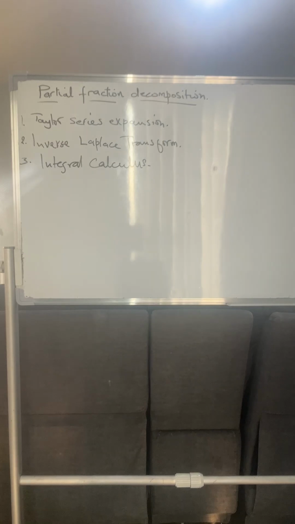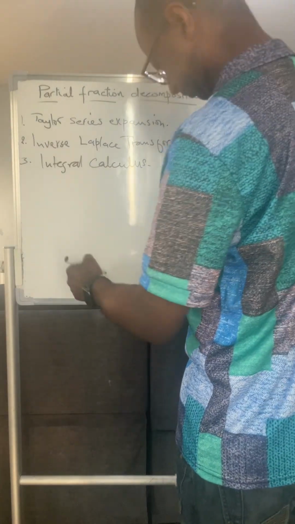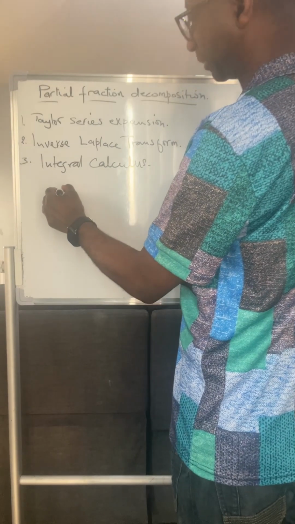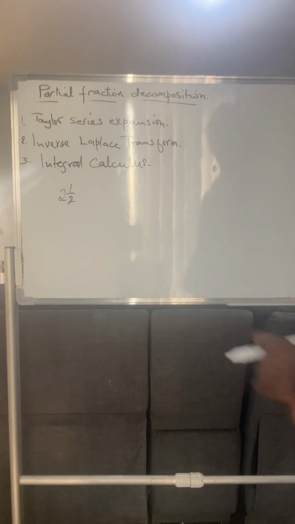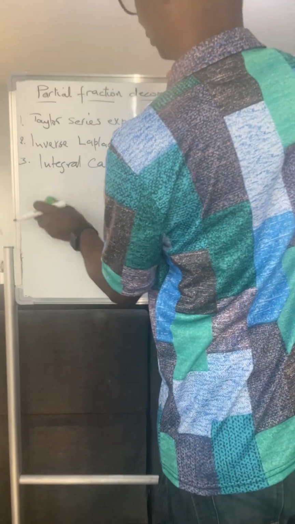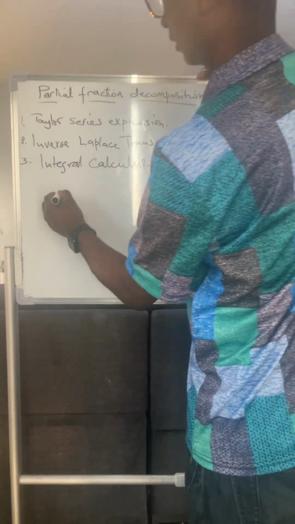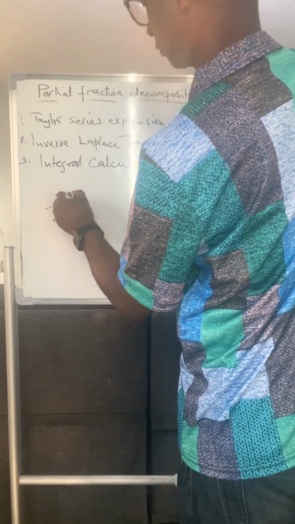So then, what are these partial fractions? How do they look? In algebra, if you have, for example, 5 over 2, you are given something like this.